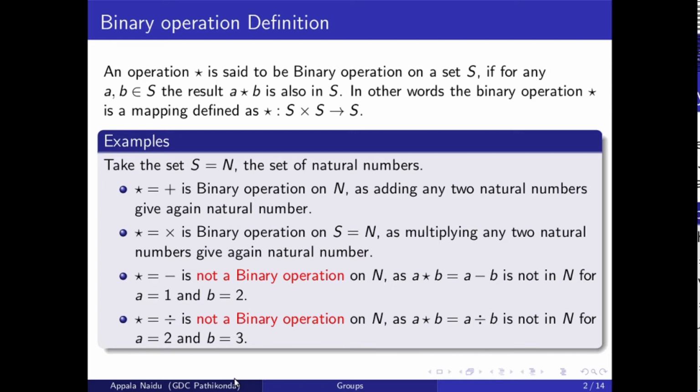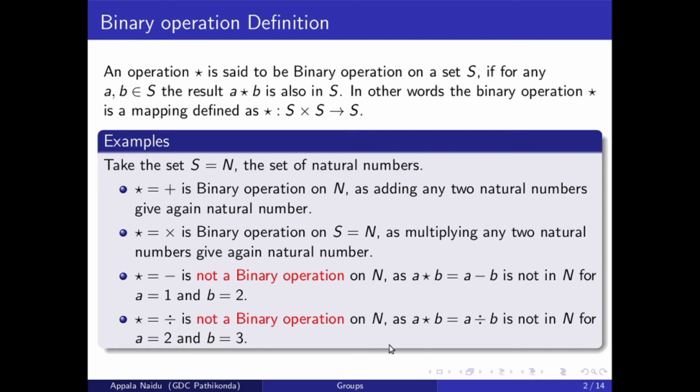Similarly, if you take star equal to division, and the set S is the set of natural numbers, then a star b will be a divided by b.